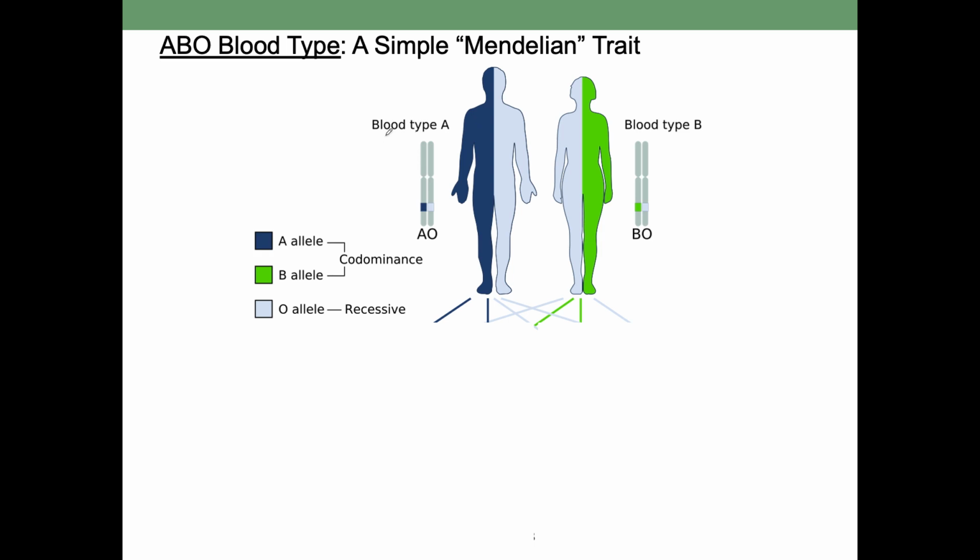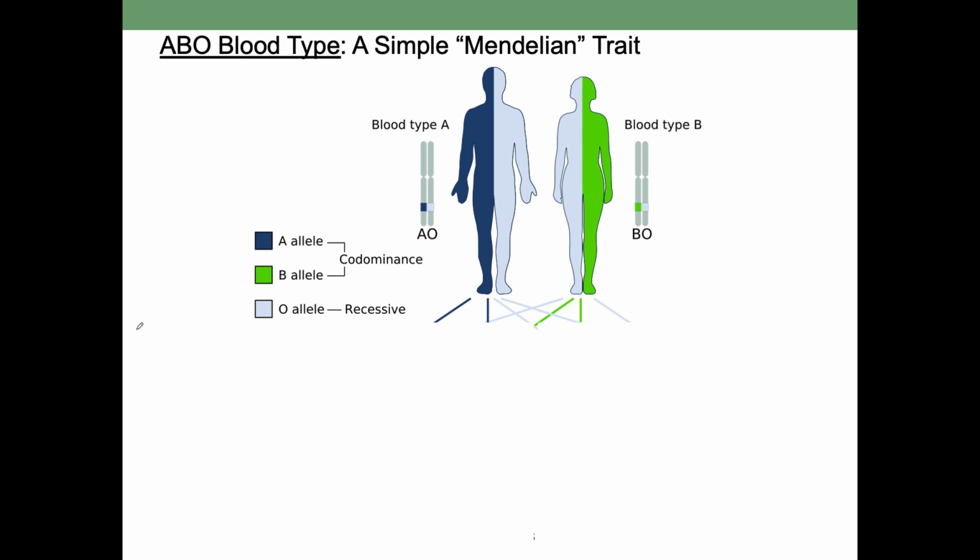Let's say one parent has blood type A, and that's because their genotype is AO, and the O allele is recessive. In this case, we have three alleles. We have an A allele and a B allele, and both of these alleles are codominant. Neither one is dominant to the other. The O allele, the third allele, is recessive.